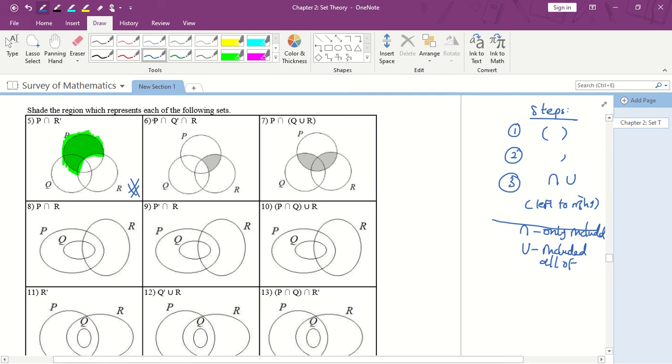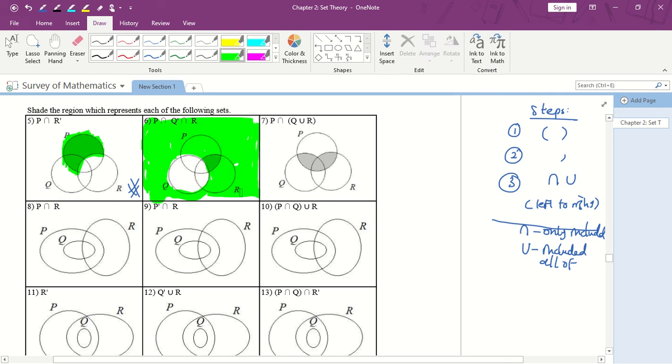So let's look at the questions here. Q prime. So Q prime means that we need to shade everything that is not inside the Q. So let's shade Q prime. So you shade everything here. Q prime. And next, which one should we do first?